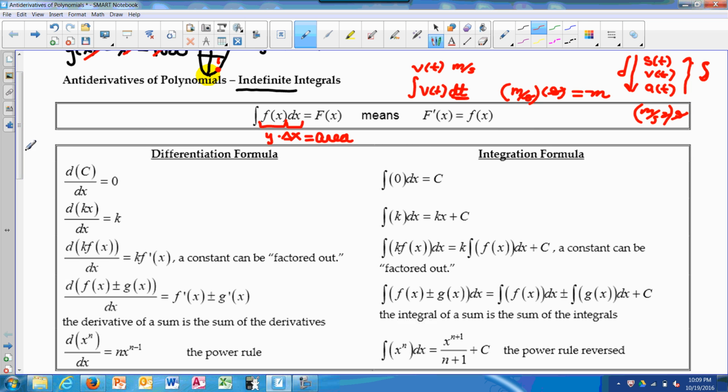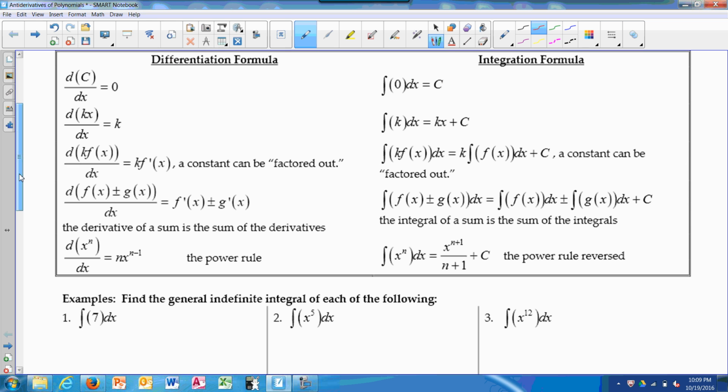Now we recognize that the derivative of any constant we know to be 0. That means if we integrate 0, we just get a constant. So we're reversing the action. If we take the derivative of a constant times x, such as y equals mx, then we get just the constant.